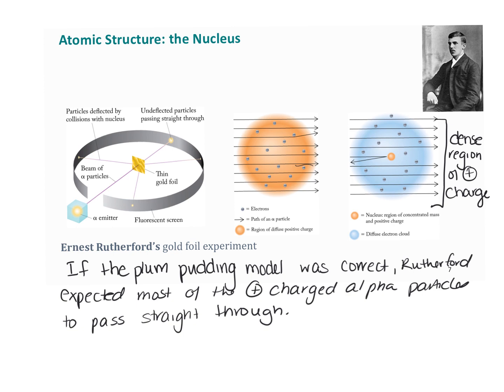And so when you read his firsthand account of this, it's really interesting. You're so surprised. He said it was like shooting a shotgun at a piece of tissue paper and the bullet bouncing directly back at you, right? So that's how big this experiment was. And so it changed the model into a nuclear model.